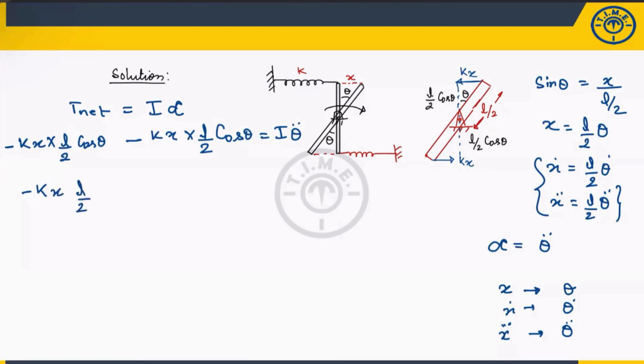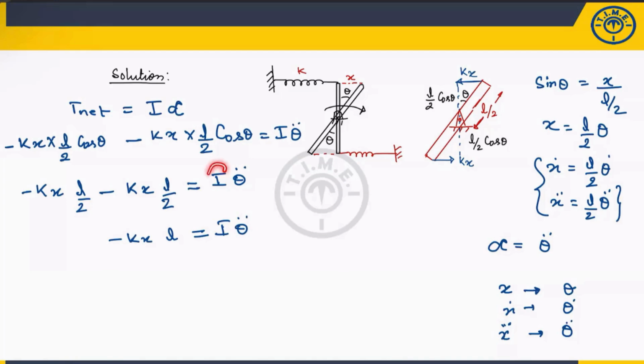When theta is very small, sine theta is approximately theta, and theta is approximately 0. So what is the cos theta value? 1 only. So minus kx L by 2 is equal to I into theta double dot. Minus of kx, L by 2 plus L by 2 will become L, equal to I theta double dot.